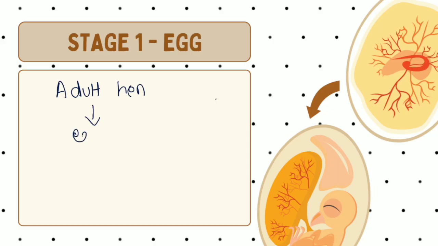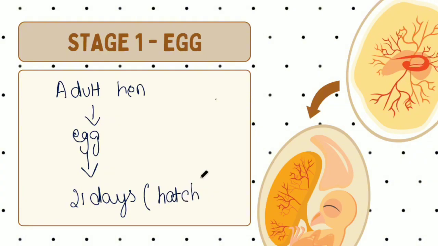What happens to this egg? Does it hatch within 2 or 3 days? No, it will take 21 days. How many days will it take? 21 days to break the egg. What does hatch mean? Breaking the egg and the chick comes out. That is known as hatching.